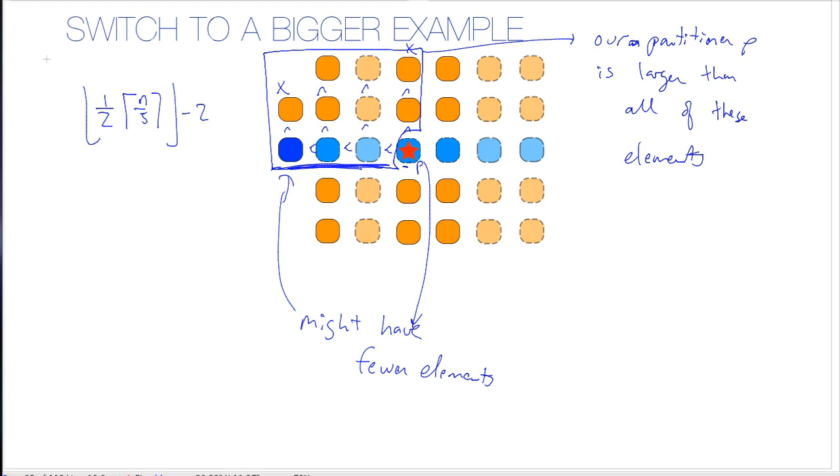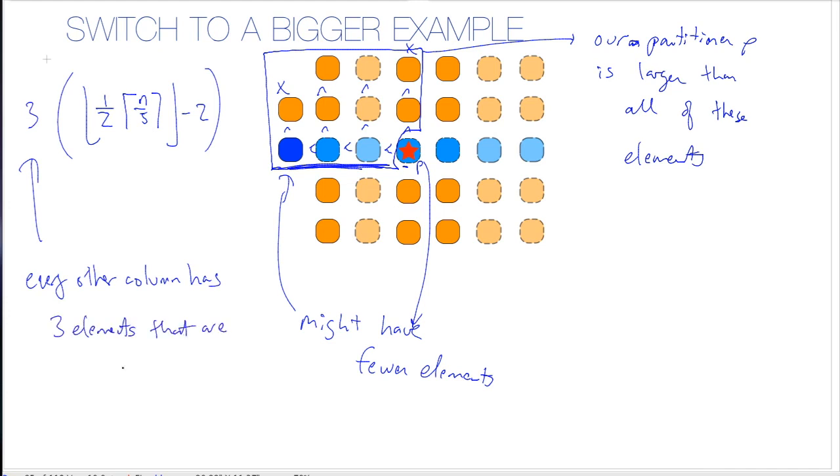But every other column has 3 elements that are smaller than p. This column, these 3 elements are going to be smaller than our star. This column, these 3 elements are going to be smaller than our star. So this right here is the number of elements that are smaller than p.